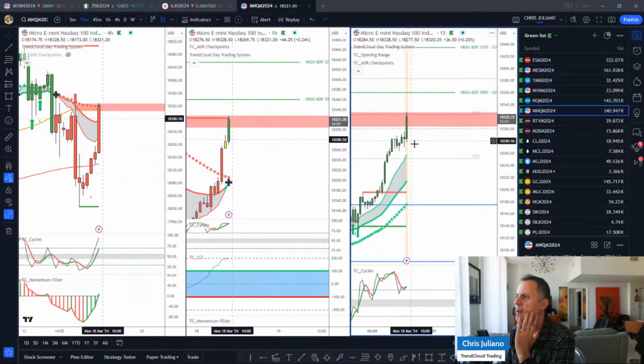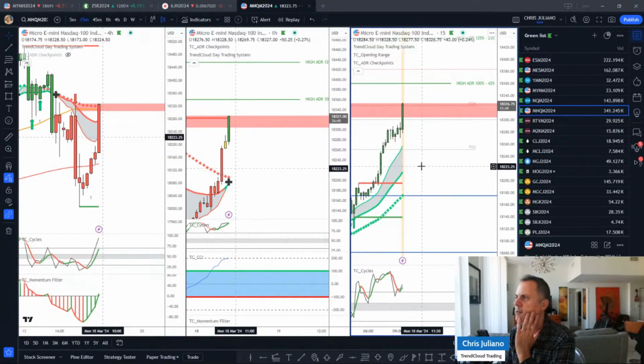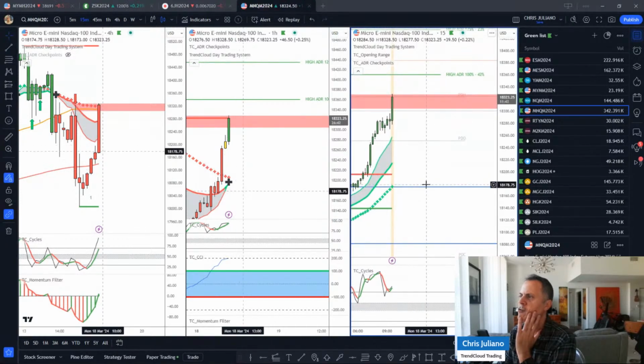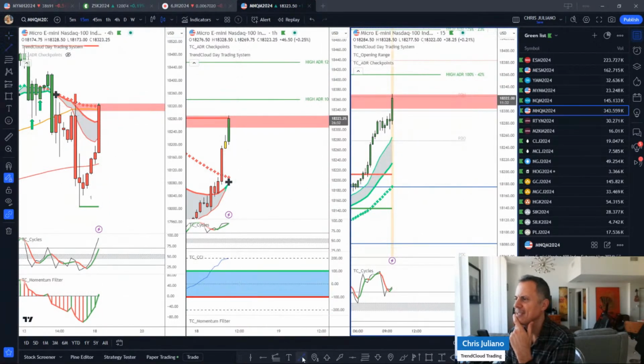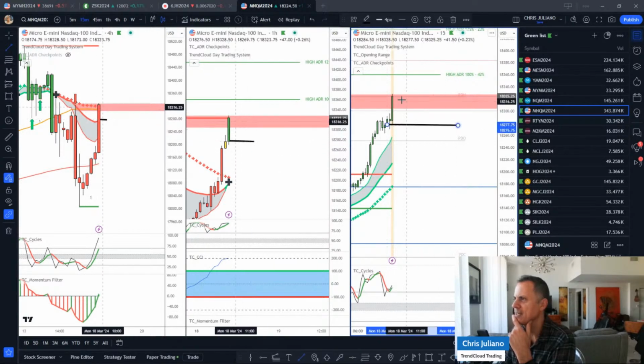So if we pull back, right, we broke through. If we pull back to the new opening range, which is going to be somewhere in here, not much. We don't really have very far to go, do we? Here's what it looks like. The opening range looks like it's going to be somewhere in here.